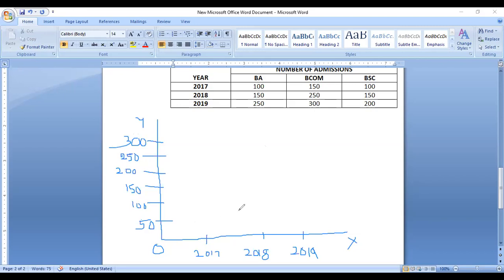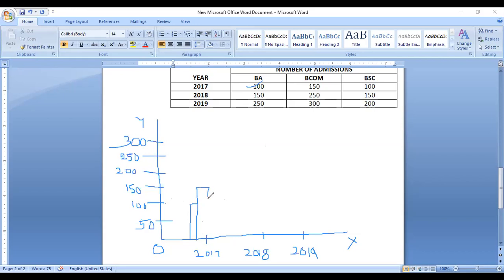In the year 2017, I will start with BA. BA, totally 100 admissions are there. So here, this is BA. Now, in the year 2017, BCom 150 admissions are there. So here only I will continue.